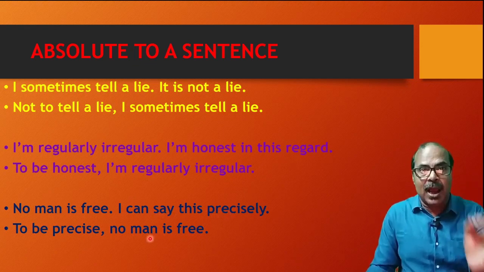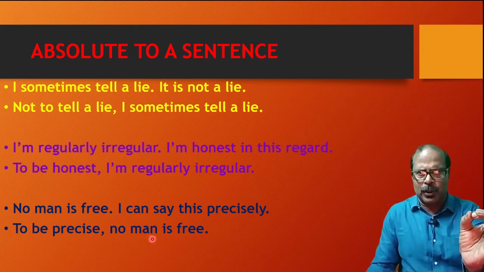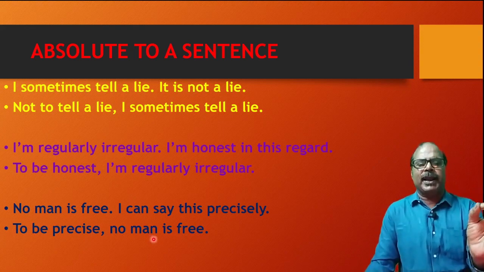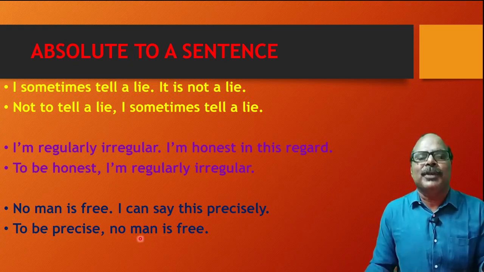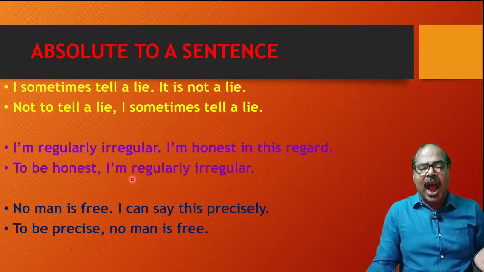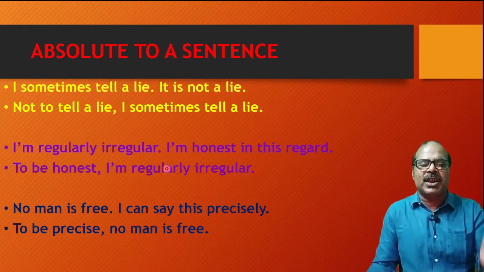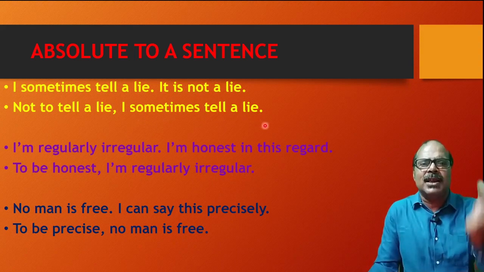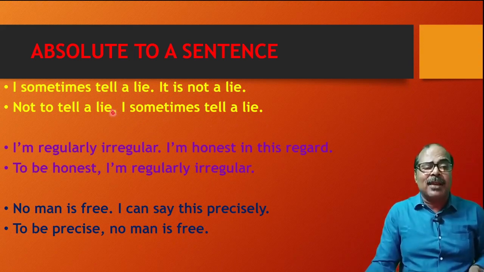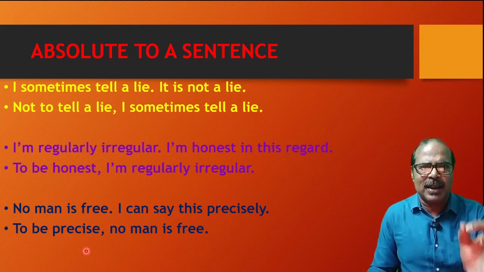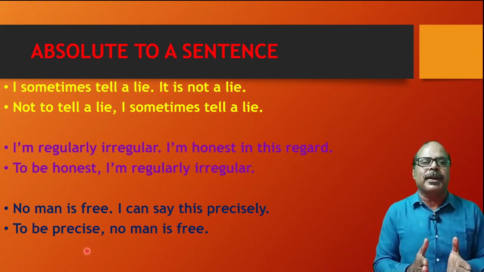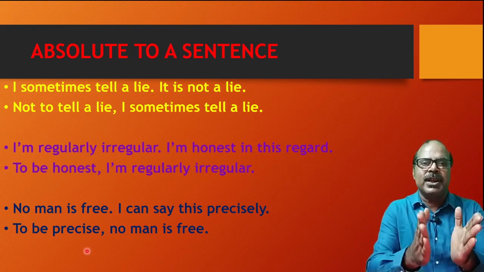To be precise, একদম ছোট্ট করে বলতে গেলে, সংক্ষেপে বলতে গেলে, no man is free. No man is free is a sentence. I am regularly irregular is a complete sentence. I sometimes tell a lie is a complete sentence. So here, the infinitive part, not to tell a lie or to be honest or to be precise, these infinitive parts have been used absolutely, independently.